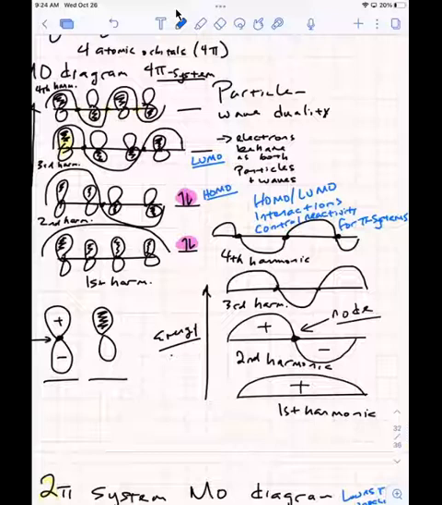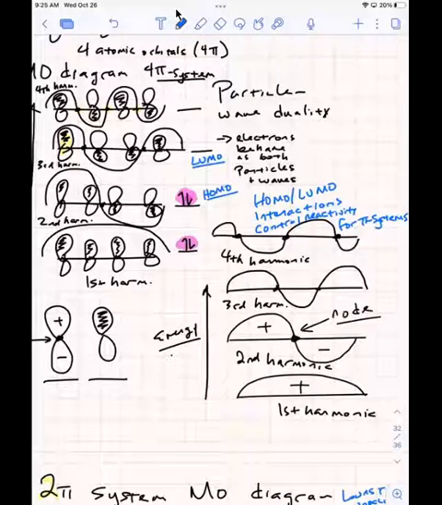When you say highest, it's the highest occupied molecular orbital, right? Yeah, highest in energy, but it's not just highest; it's highest occupied. So it's got to have electrons in it too, because obviously the other two orbitals are higher in energy, but they're empty. So that's why the occupied part matters.